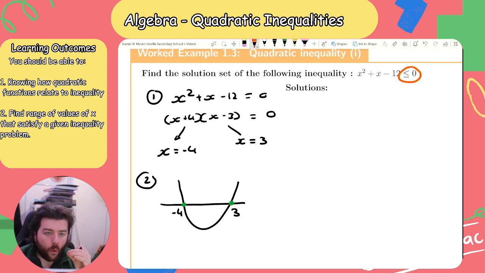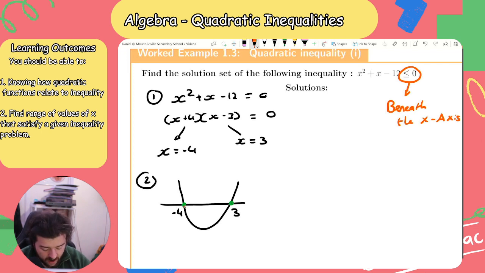So, we are being asked now to list the range of values where my quadratic is less than 0. If it's less than 0, it means we are looking for the values that are beneath the x-axis, right? Because when we say the quadratic is less than 0, we just mean the y, or the output of my function, is less than 0.